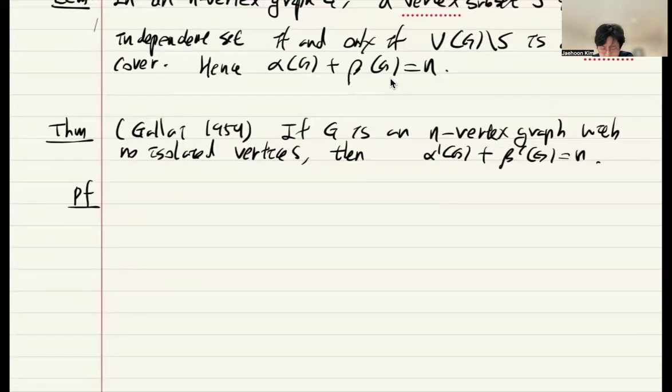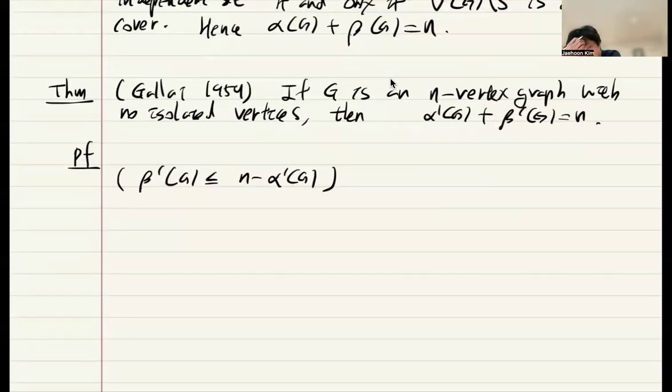So let's prove this. We first prove beta prime of G is at most n minus alpha prime of G. Let's prove this first. And what do we have to construct?